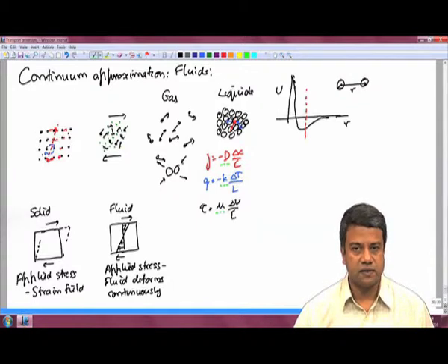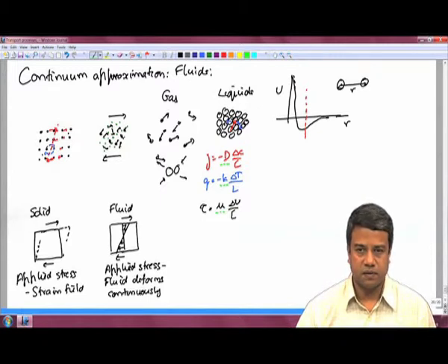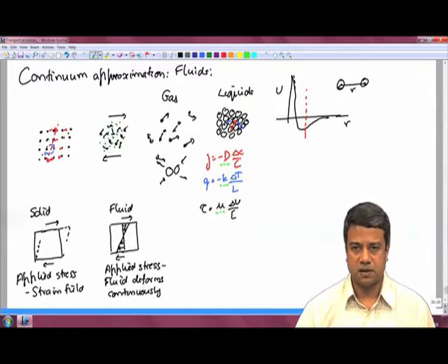However, the constitutive relations themselves are identical, independent of whether we are dealing with a liquid or a gas, so long as it is a fluid. So, we can deal with both of these on equal footing, and during the course itself, we shall really make no distinction about whether the system we are considering is actually a liquid or a gas.